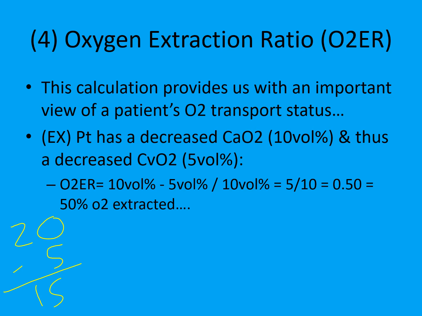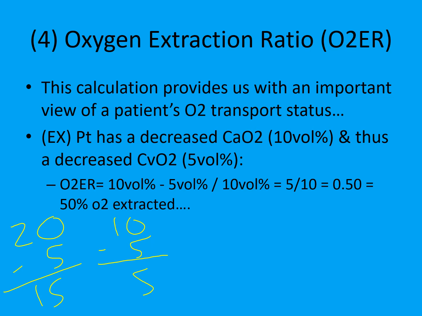Stick with me here. One week somehow something happened and your bank account only has $10 in it, and you still withdraw $5. So your extraction ratio that next time increased.